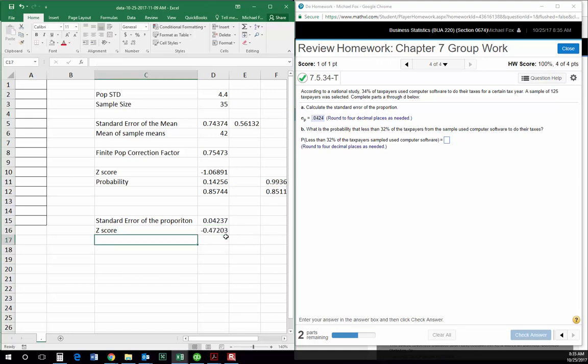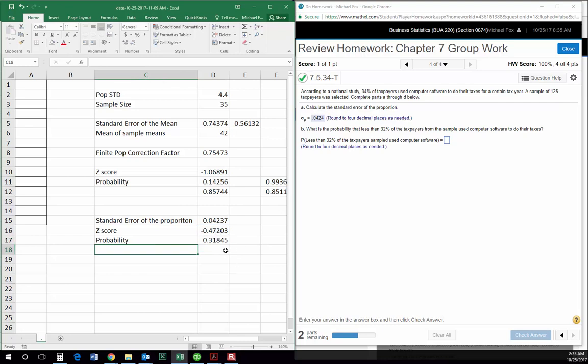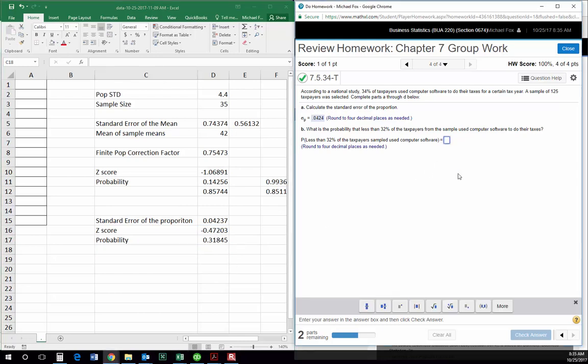So there's the z-score that less than 32% of taxpayers use computer software. And then to find the probability of that, I use NORM.S.DIST, plug in the z, say true, and this will return the probability that less than 32%, which is 0.3185.